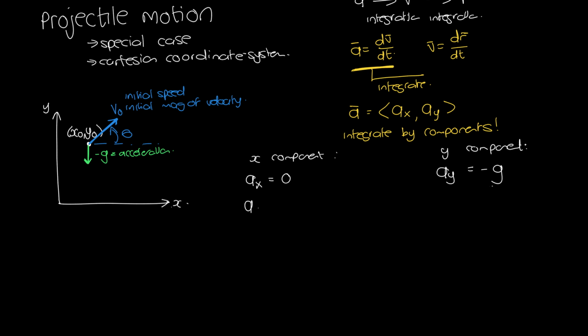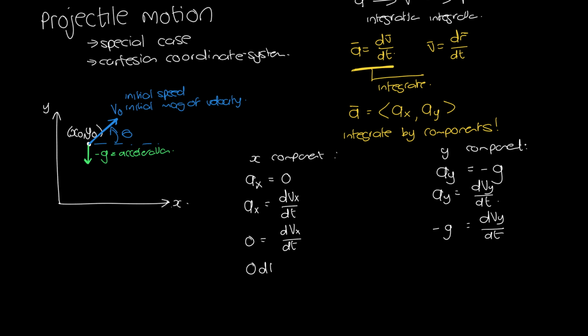We also know that a x is equal to dvx dt, and a y is equal to dvy dt. So now we have 0 is equal to dvx dt, and minus g is equal to dvy dt. Those are both constants, so we can just take the dt across.